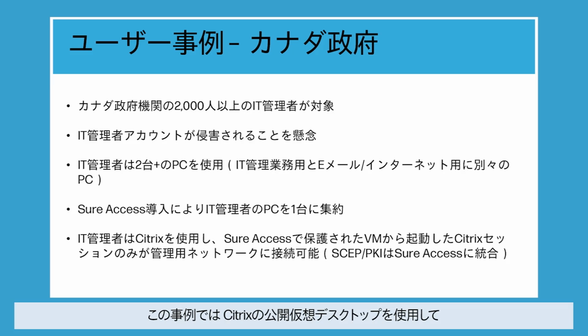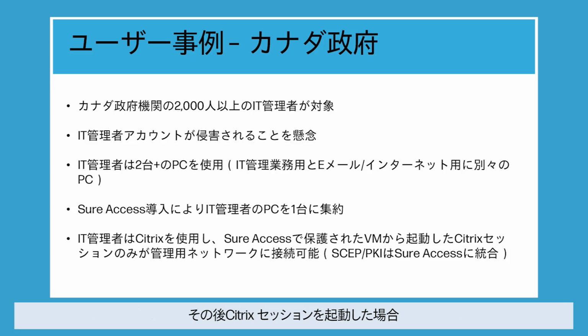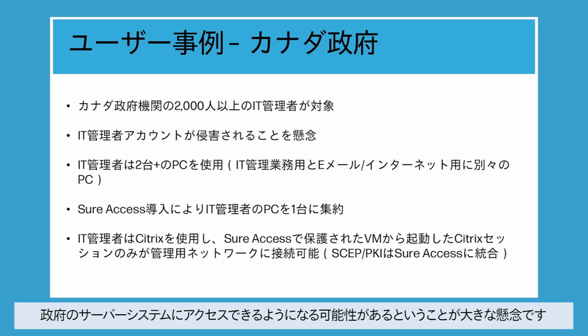In this instance, they actually use Citrix published virtual desktops to allow the admins to log on to get access. Now, the big fear is if one of these system administrators gets compromised, let's say his email gets hacked, and now he launches his Citrix session, the adversary could move from the PC into the Citrix session and now have access to the government server systems.